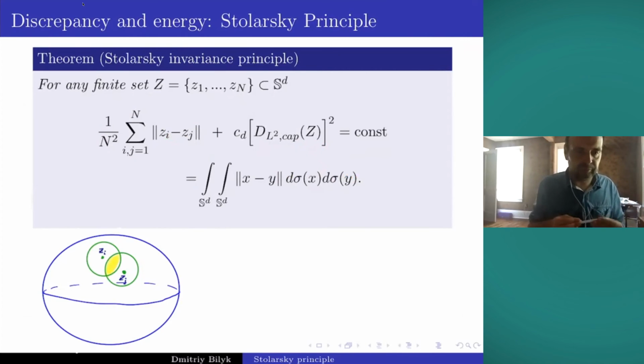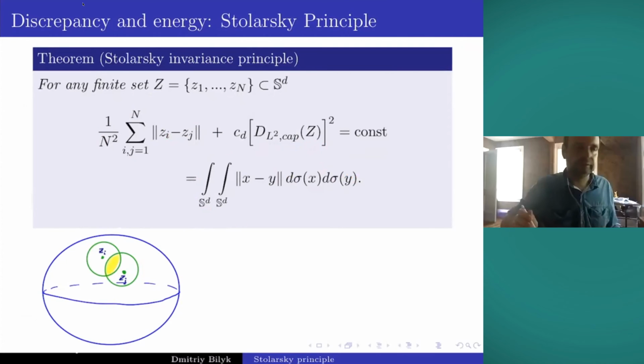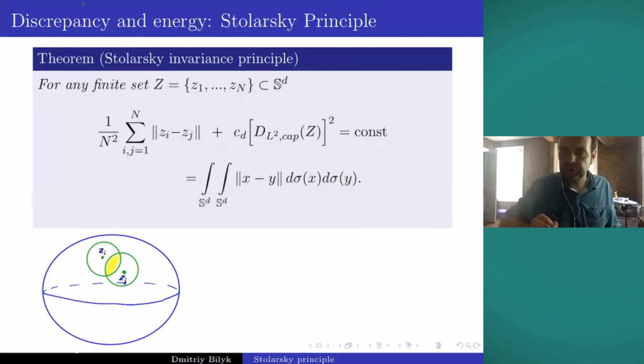But in this particular case, we have 0, right, on the right side, asymptotically? Well, on the right-hand side, no. Oh, you mean with the dimension? No, I mean the discrepancy has to be 0, right? Well, the discrepancy goes to 0.